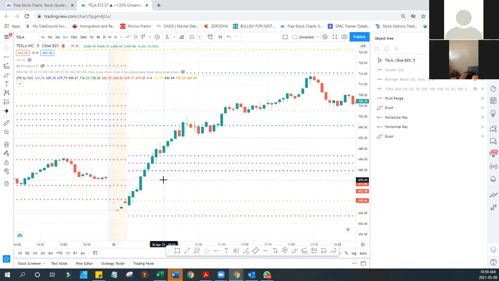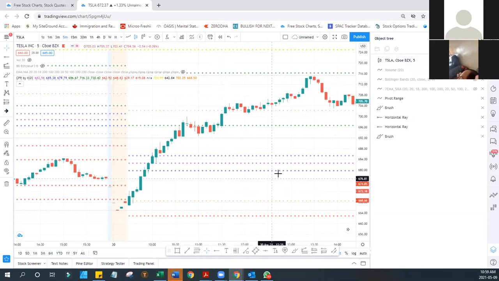This one gave you at least 3 entries: from here to the CPR, from CPR to the first target, and from the previous day's high to the second target, right?